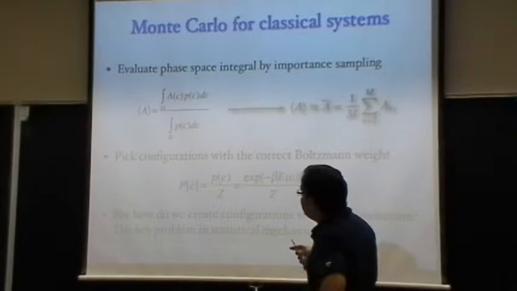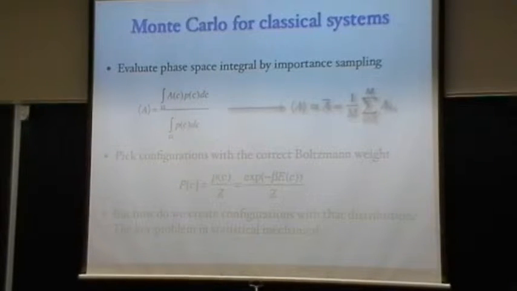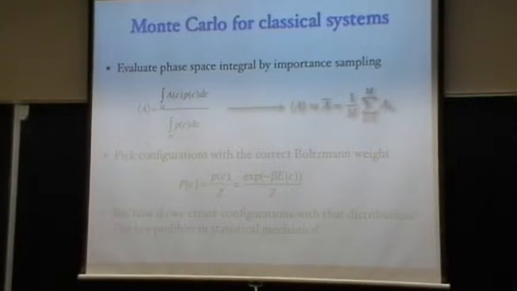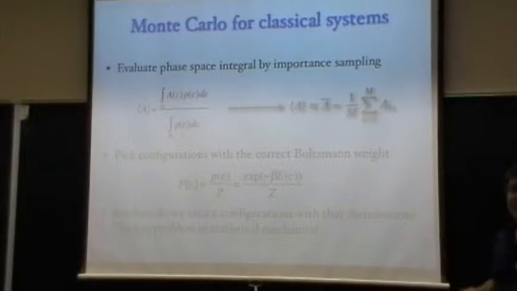We want to calculate some integral over the phase space with some weight, which might be the Boltzmann weight normalized by the partition function. We want to measure some quantity A. We draw the configurations randomly with a Boltzmann weight, and we measure the mean value over the sample I draw. So that way we can sample any physical system.